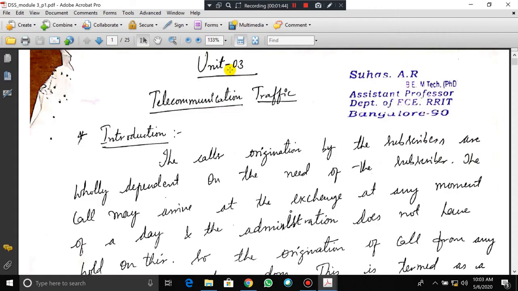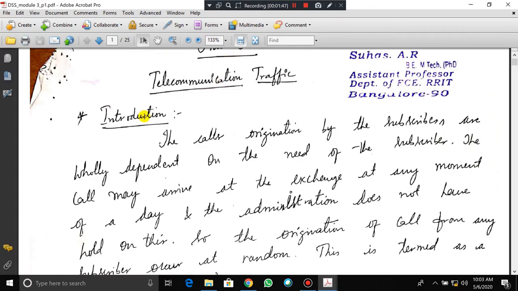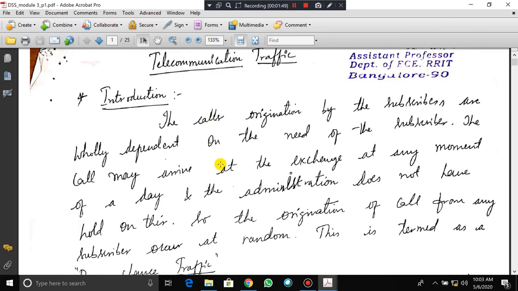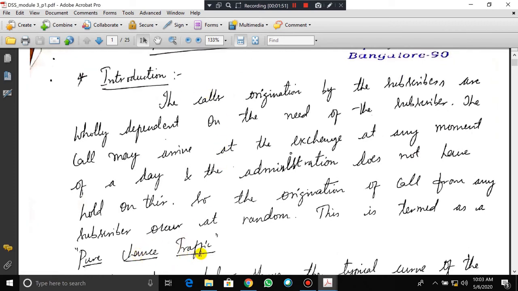Up to number 3, in the introduction part, what we have discussed is pure chance traffic. Before going to pure chance traffic, what is traffic in telecommunication?